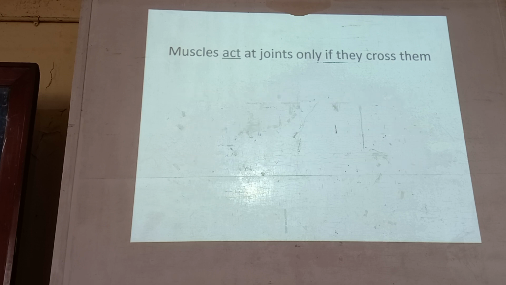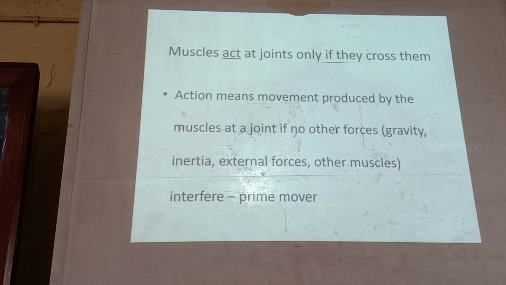What do we mean by act? When we talk about act, it is a movement produced by the muscles at a joint if no other forces, gravity, inertia, external forces, or other muscles interfere. So the movement produced by a muscle when no other forces interfere is called the action of the muscle, which is also called, as we discussed yesterday, prime mover or agonist.